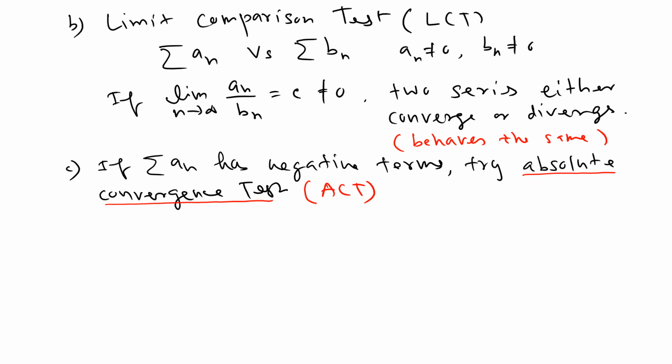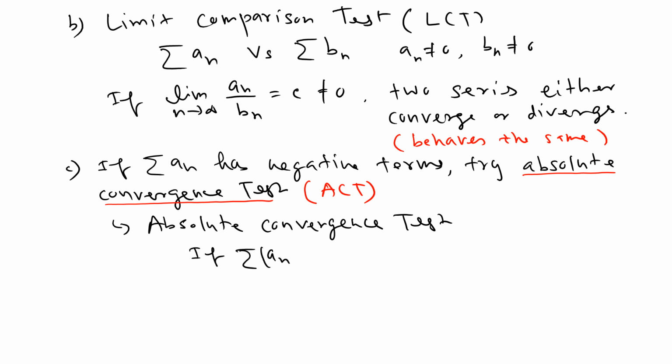So what is that? The absolute convergence test: if the series converges absolutely, the original series converges. So this says that if the series of absolute values of an converges, then the original series has to converge.